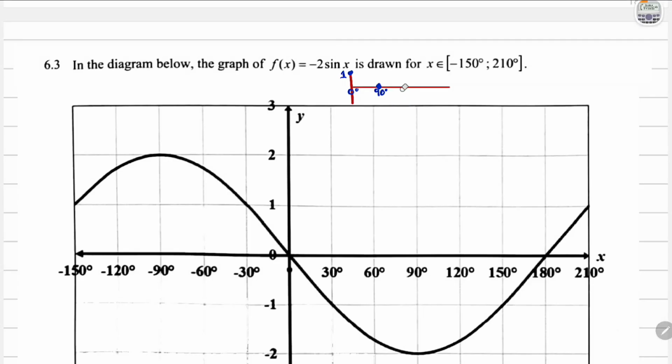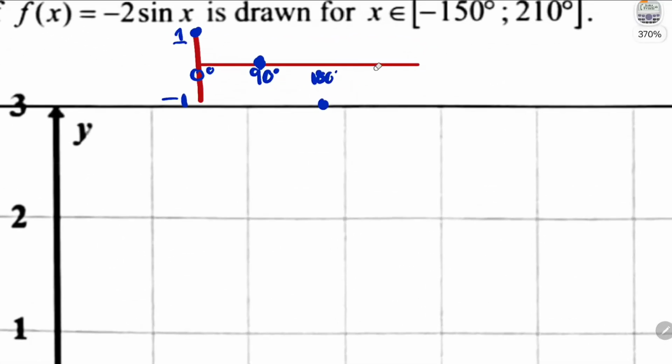And then 90 degrees later from that, that is 180 degrees, your cos graph will have a value of negative 1. And then 90 degrees later, at 270 degrees, you're going to have a y value of 0. And then 90 degrees later, at 360 degrees, you would have a value of 1. And that's why that cos graph ends up looking like that.